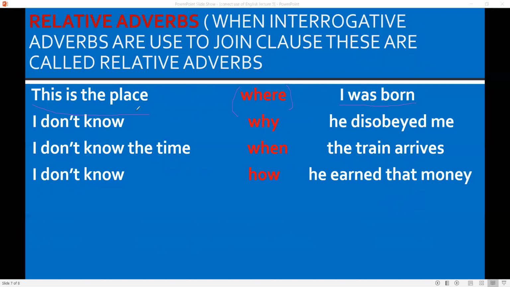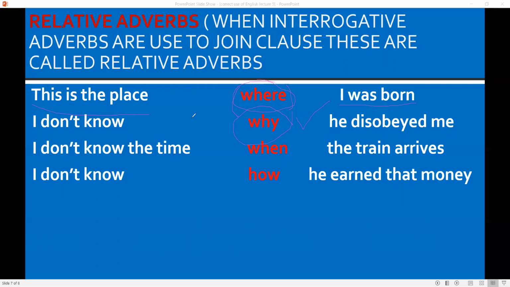It has been used for creating a relation between these two clauses. I do not know why he disobeyed me. He wants to know the reason, but he doesn't know the reason why he disobeyed him. So it has a relation. When these words are used to join two clauses, these are called relative adverbs.